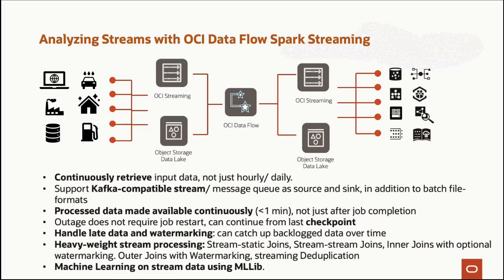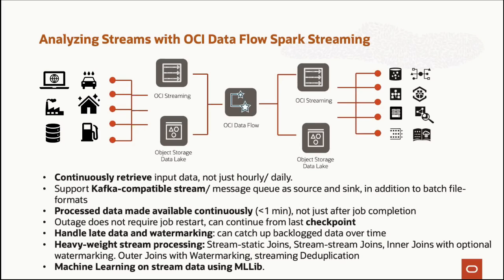Not only can it take stream data as a source, it can also write the processed data back into a stream. Any Kafka compatible stream or message queue can be used. It can write back to Object Storage or even ADW or any other downstream services or sinks.